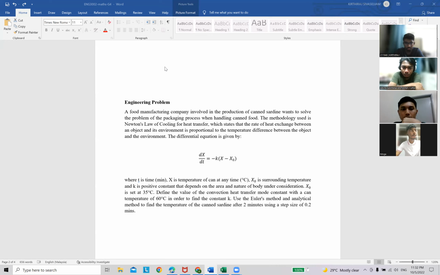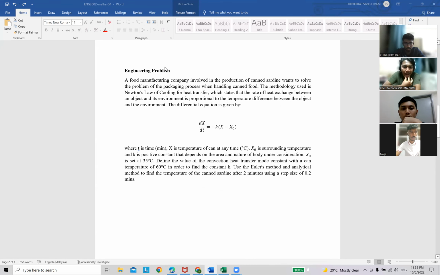X naught is the surrounding temperature, which is constant and given to be 35 degrees Celsius, which is also the temperature of the water in the cooling tube based on the problem given. And K is a positive constant that depends on the area and the nature of the body under consideration.